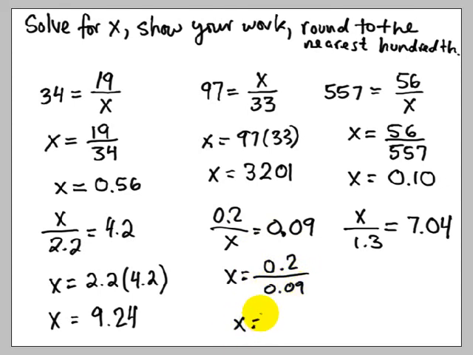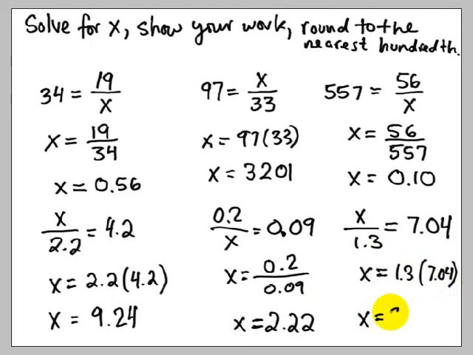What do I get? 0.2 divided by 0.09. 2.22 when I round it to the nearest hundredth. Finally, x is this times this. 1.3 times 7.04. And that's going to give us, if I round that to the nearest hundredth, 9.15.